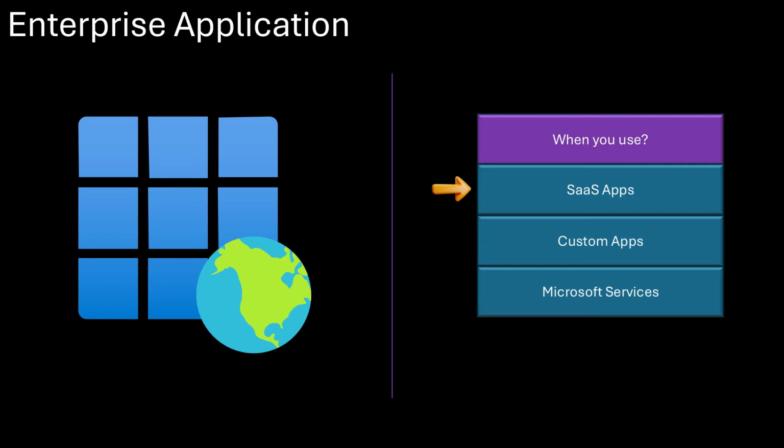You can integrate these apps into Entra ID, which allows secure SSO and automated provisioning. For custom apps, you can bring them under the Entra ID umbrella and enforce the same security policies. For Microsoft services, applications like Exchange Online, SharePoint, or Teams are also managed as enterprise applications.